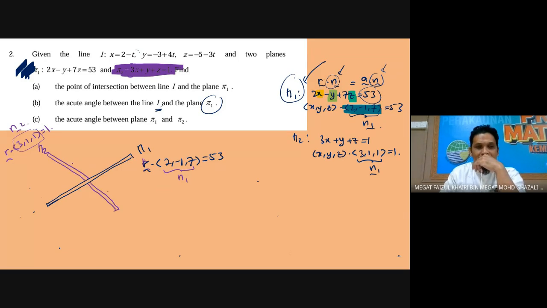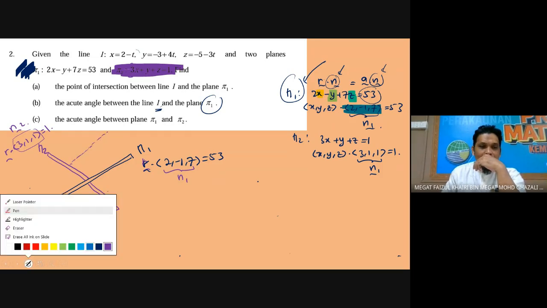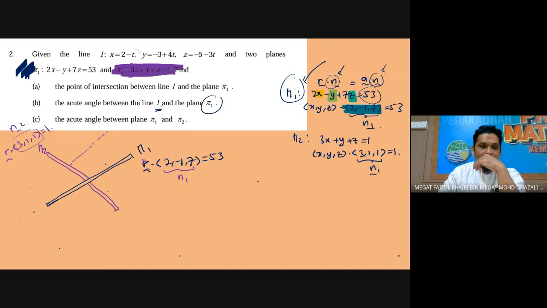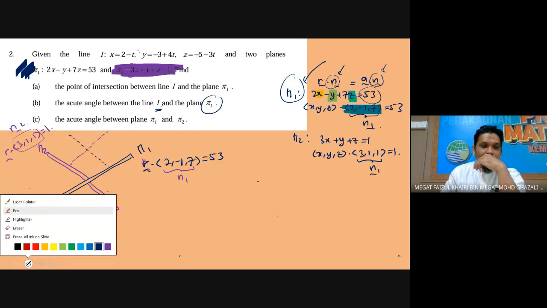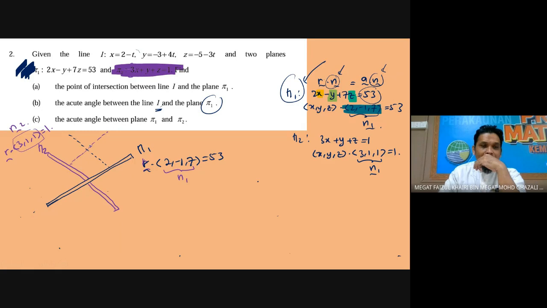So just imagine this normal, and also the normal for pi 1, then it gives you the angle between the planes, because between these two, this is n2 and this is n1.